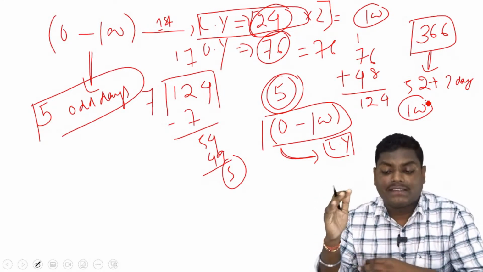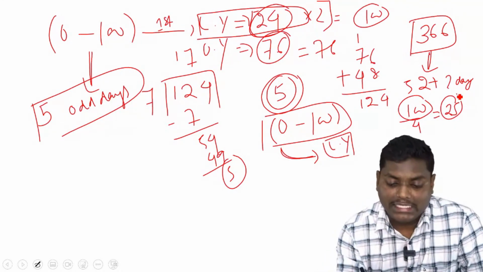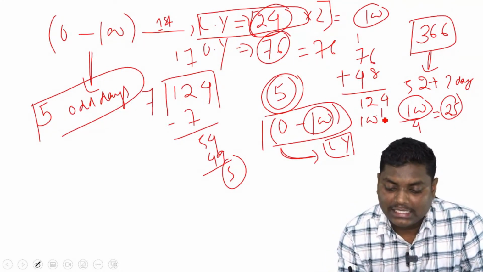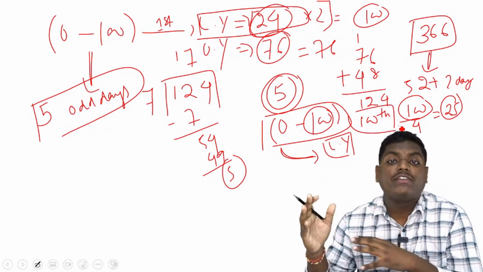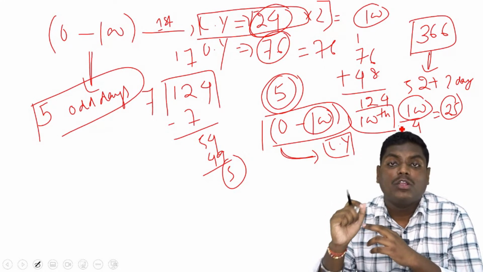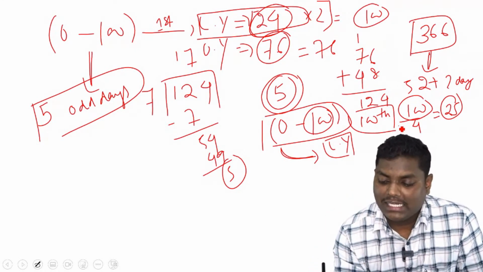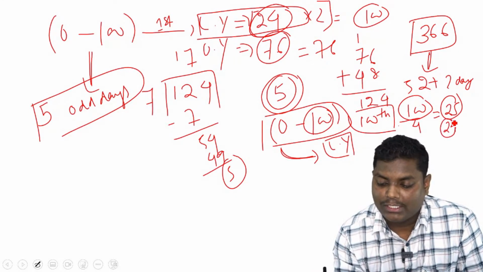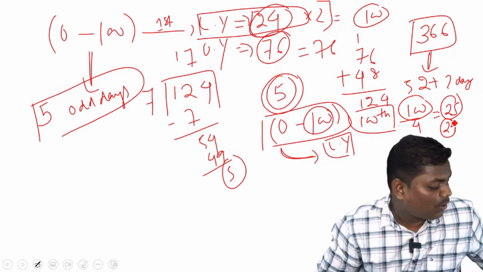In 0 to 100, dividing by 4 gives 25. But do you realize that the 100th year is not a leap year? Because for a century year, it has to be divisible by 400. That is why instead of 25, we have 24. Is this clear?